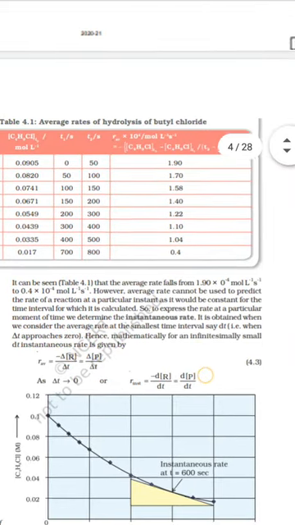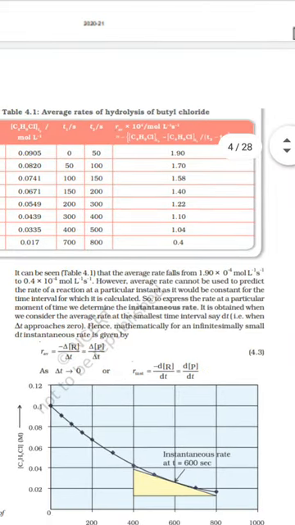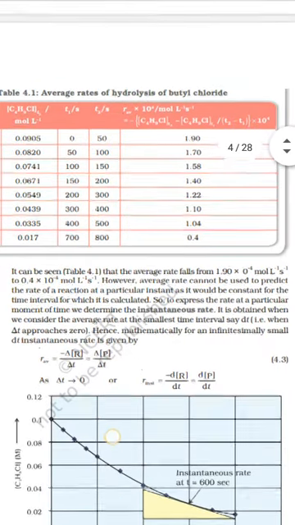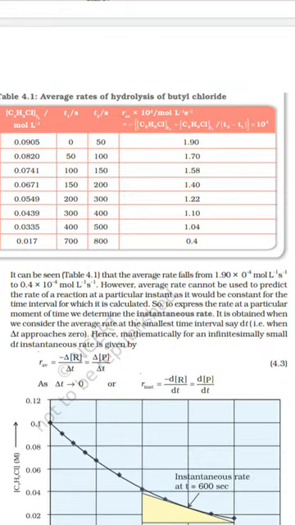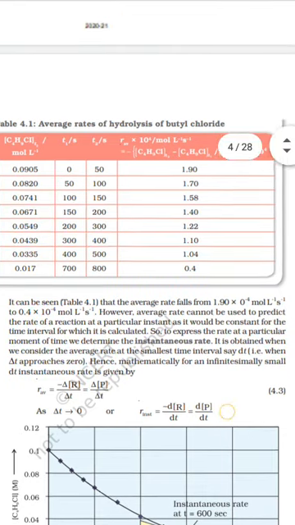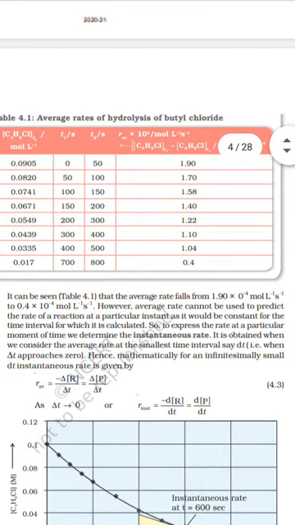So, to express the rate at a particular moment of time, we determine the instantaneous rate. It is obtained when we consider the average rate at the smallest time interval, say dt, that is when delta t approaches 0.